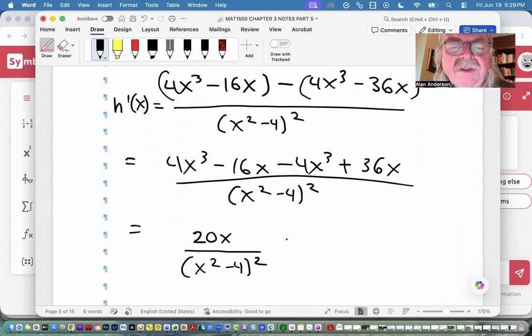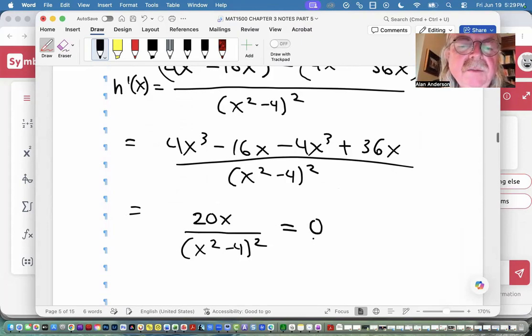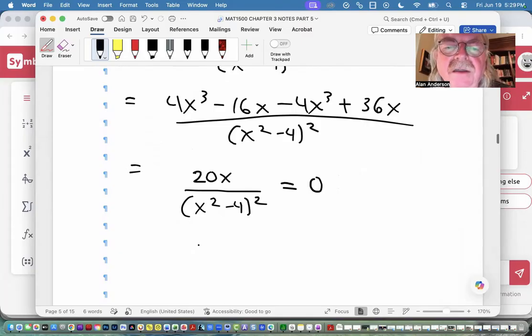So that means that if we set this equal to 0, we can cross multiply both sides by that denominator.